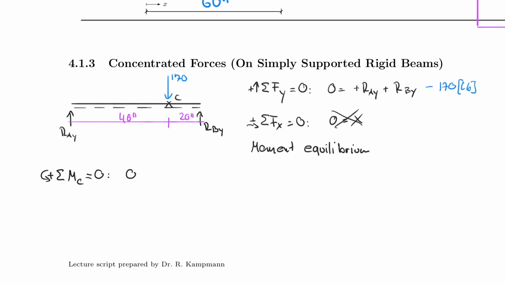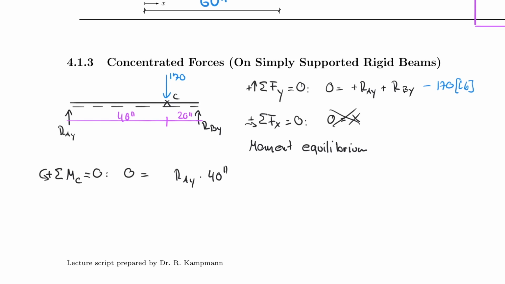And then the equation will read what? 0 is equal to RAY multiplied by 40 inch. And we also have RBY, which has a lever arm of 20 inch about that point. But now we need a directional sense. So RAY turns clockwise, which makes it negative if we turn about this point.